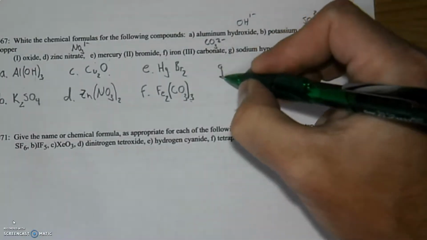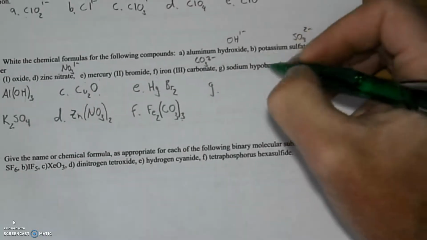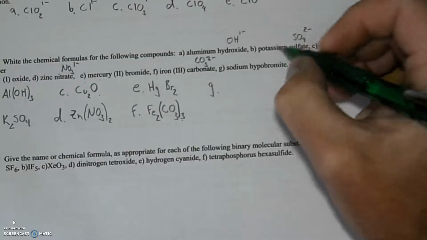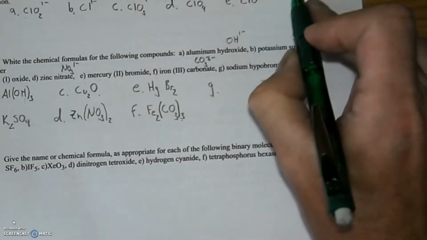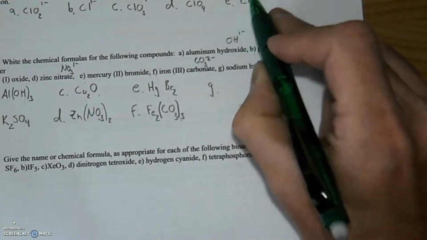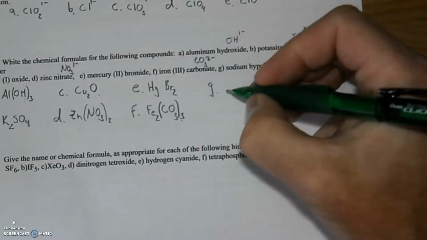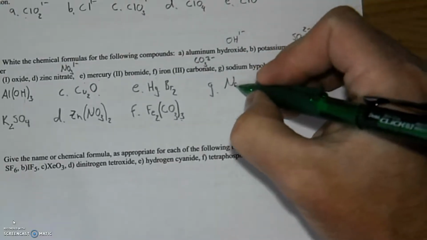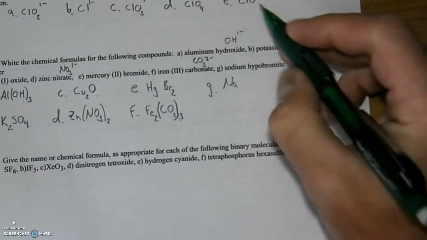All right, last one on here. G, sodium hypobromite. Okay, so hypochlorite we had up here, and we know what that looked like. Not hypochlorite, but hypobromite looks exactly the same, except instead of Cl, it's going to be Br. Sodium's easy. Sodium, Na, group 1, +1, don't worry about it.